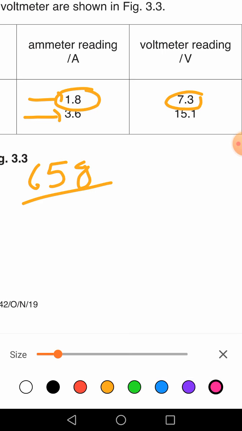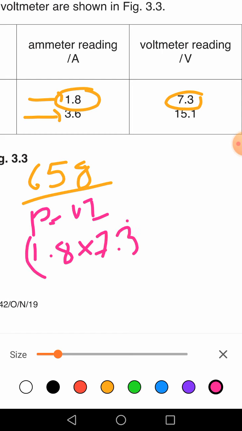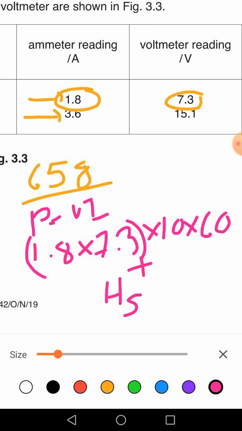You know the formula, P equals VI. So the power is 1.8 into 7.3. This is the first power. The time was 10 minutes, so P into T is the energy supplied by the heater, and let the energy supplied from the surroundings be HS, or heat from the surroundings.